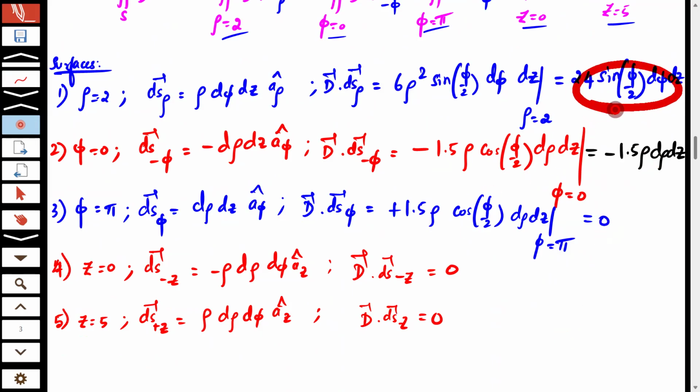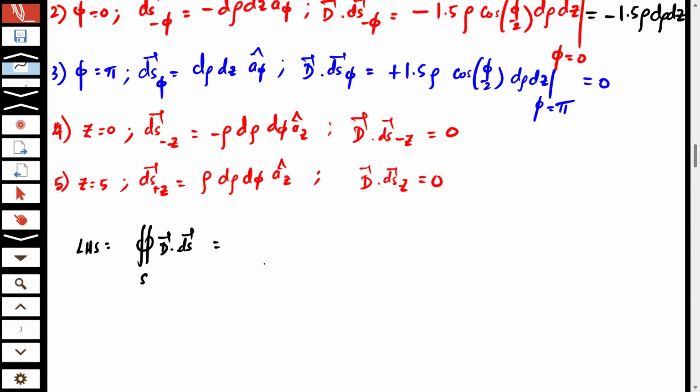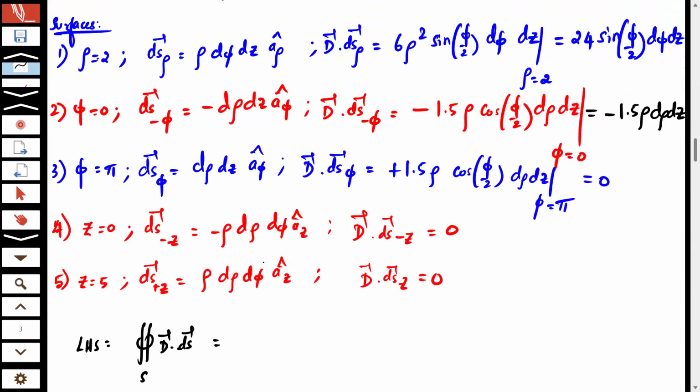Now we have to perform integration of these 2 and add them together to get the left hand side, which is the closed surface integration of D dot dS. So let us do that here. The left hand side evaluation is closed surface integration D dot dS, where the first 2 integrations are non-zero.